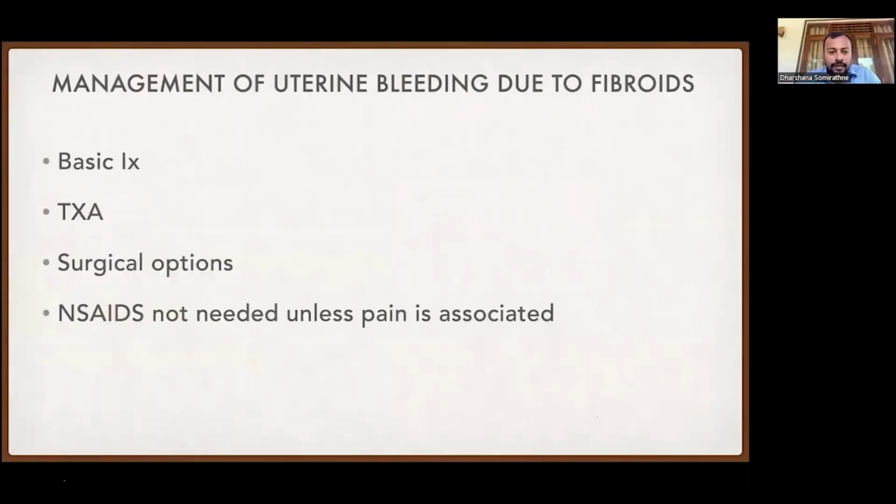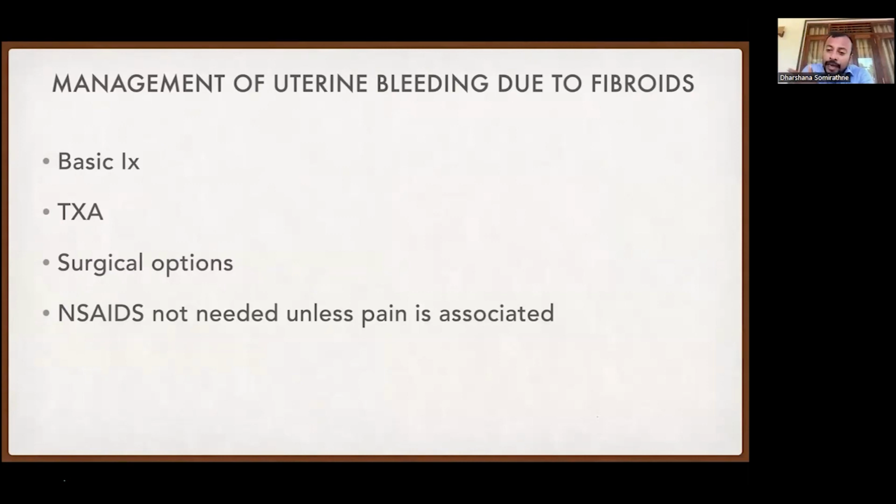Right. And then how am I going to manage the uterine bleeding for fibroids? Again, these women complain of painless PV bleeding with increased flow. In your setup, you can arrange basic investigations like hemoglobin and full blood count, and then order an ultrasound scan.